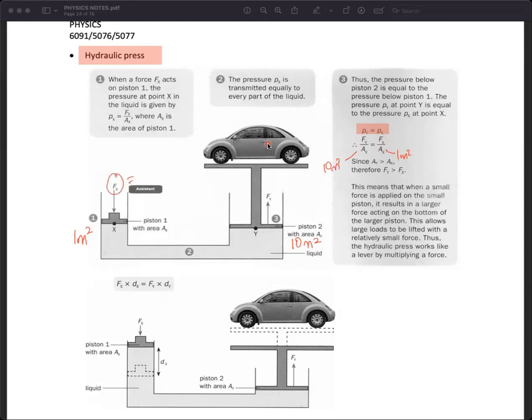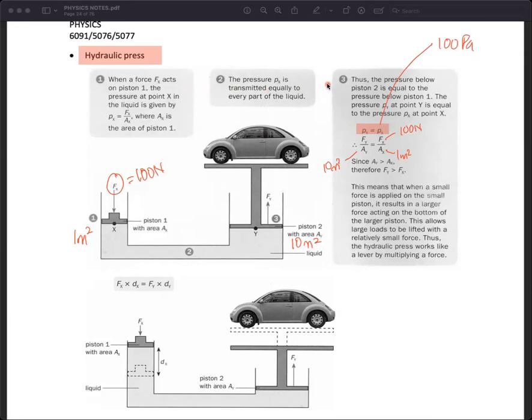I apply a force. Let's say I apply 100 Newton force, which is about the weight of 10 kg of mass. Correct? So if my force on top here is 100 Newton, my pressure will be 100 Pascal. Is that clear?